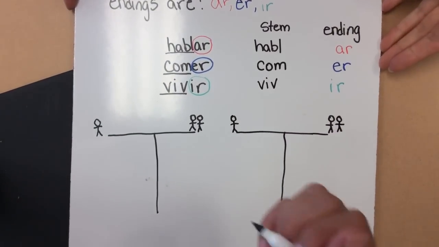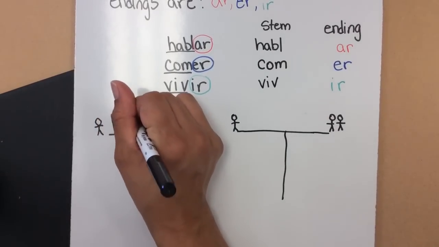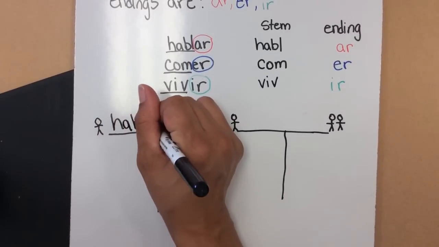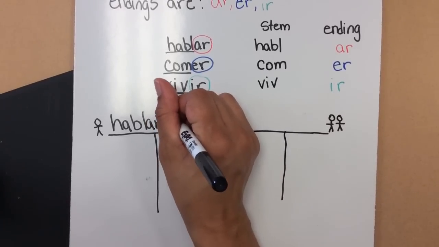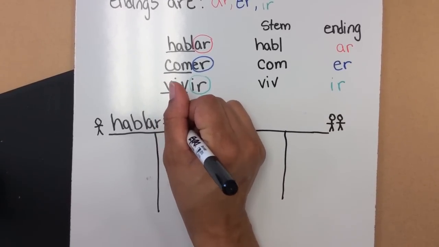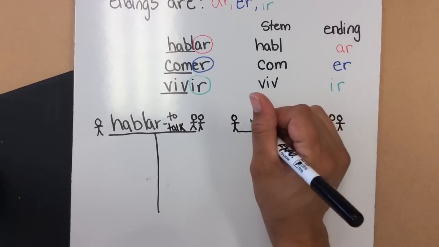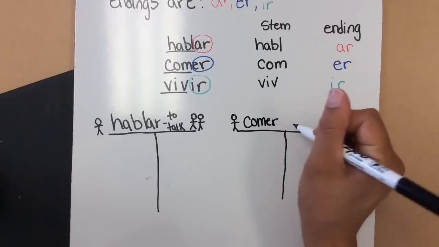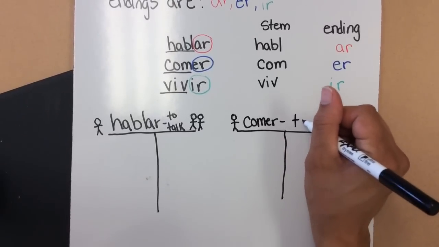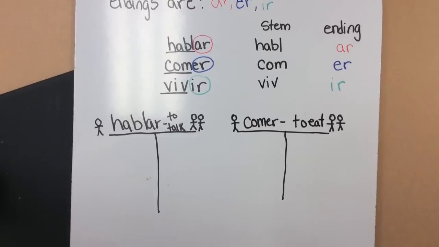Okay, to organize my thoughts, I am going to go ahead and put hablar here, and usually I go ahead and put to talk. So it reminds me what the word means. Hablar means to talk. Then I put comer, and comer means to eat. Okay?